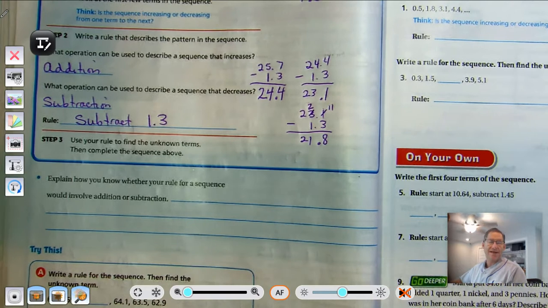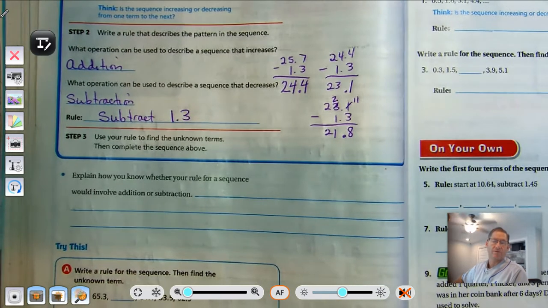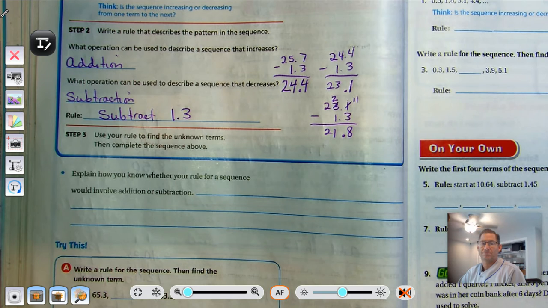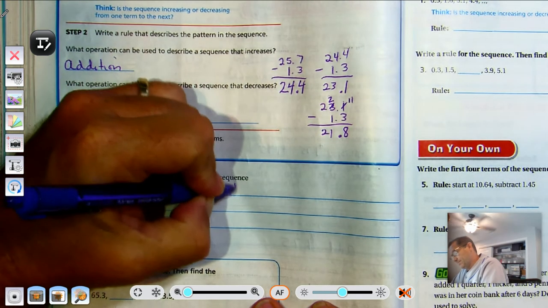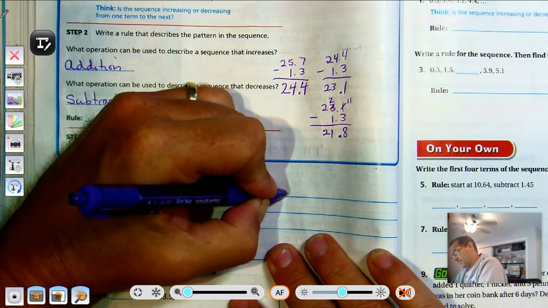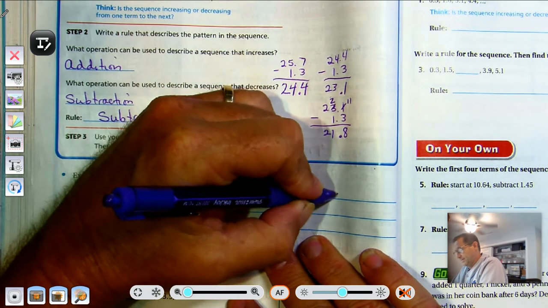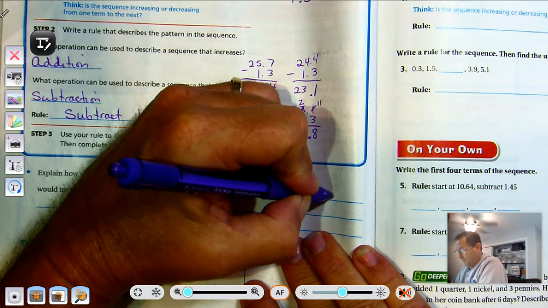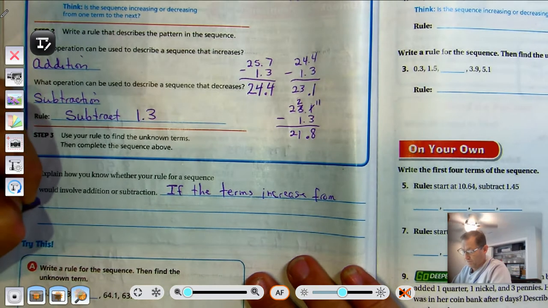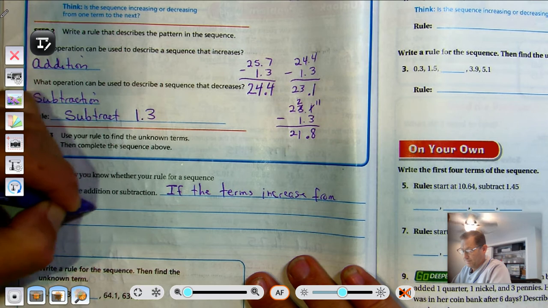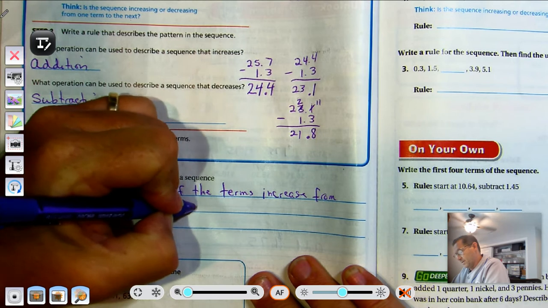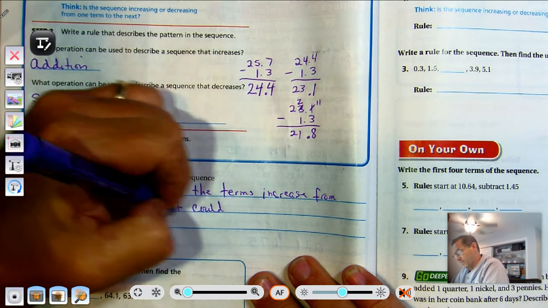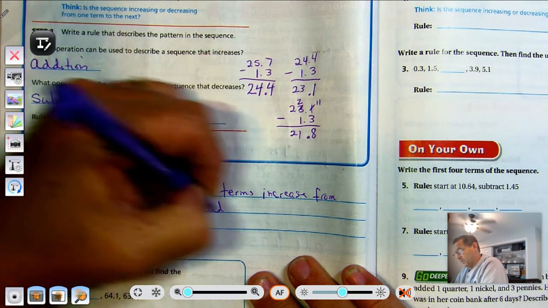All right, now explain how you know whether your rule for a sequence would involve addition or subtraction. If it's increasing, if the terms increase from one term to the next, the rule could involve addition.